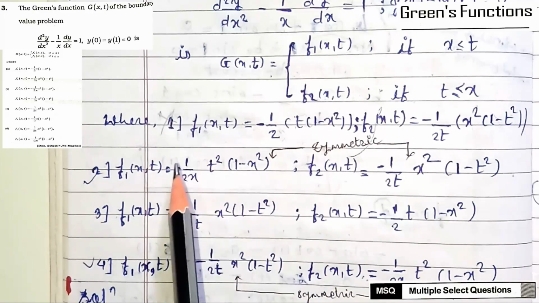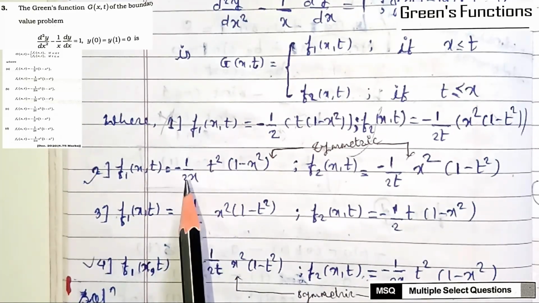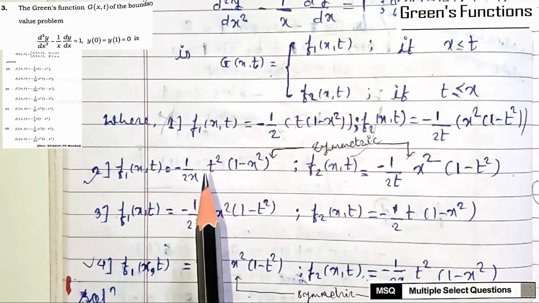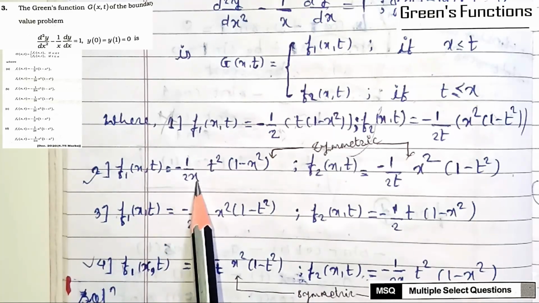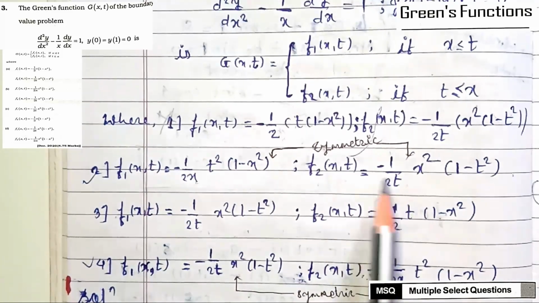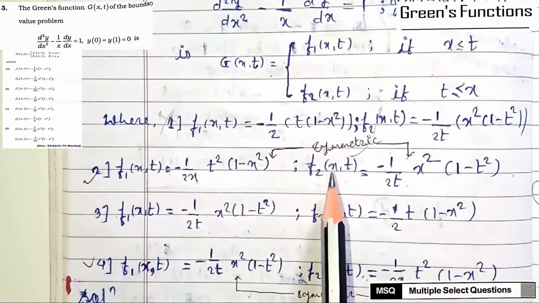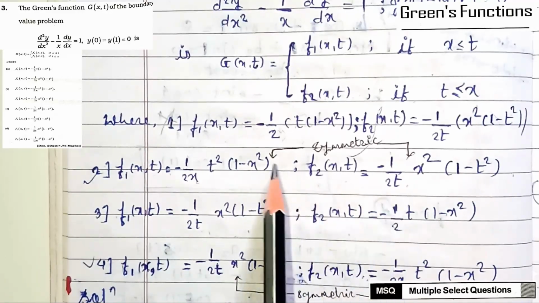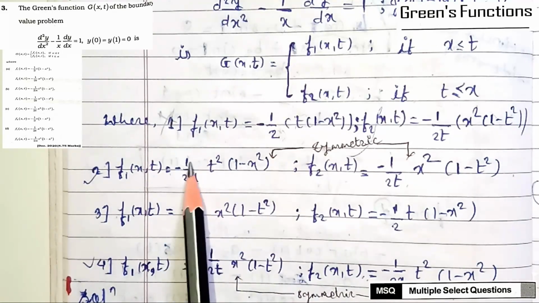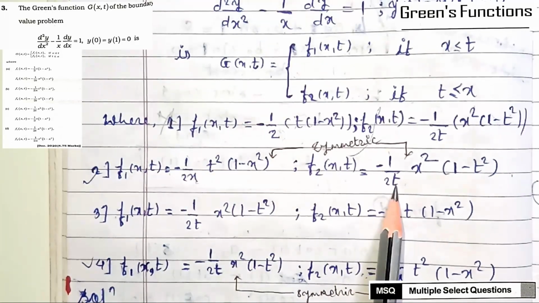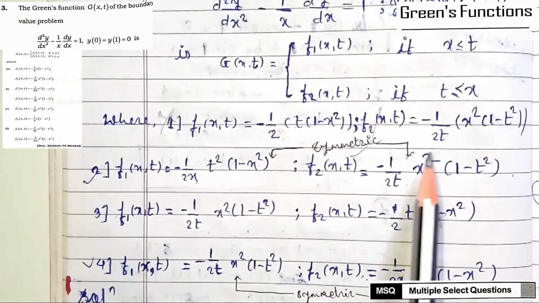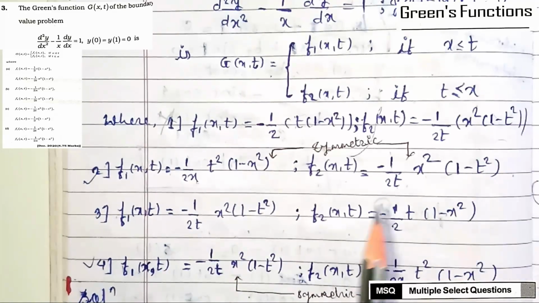Similarly, if we apply the symmetricity property to the second option, here we can see minus 1 upon 2x and minus 1 upon 2t. That means f1 of xt is equal to f2 of xt, which holds as xt equal to tx, the symmetricity property. Minus 1 upon 2x is equal to minus 1 upon 2t. So t square here, x square here, 1 minus x square here, 1 minus t square here.